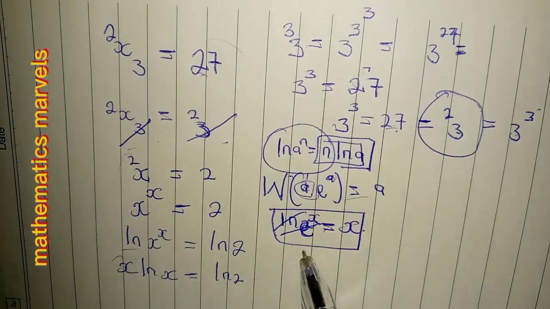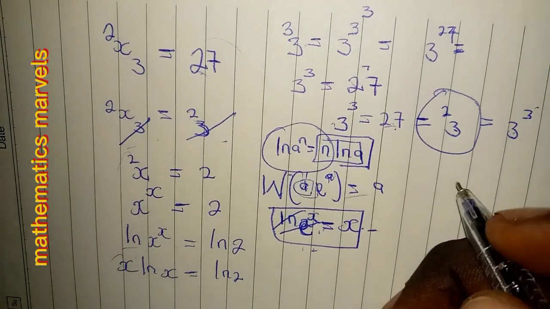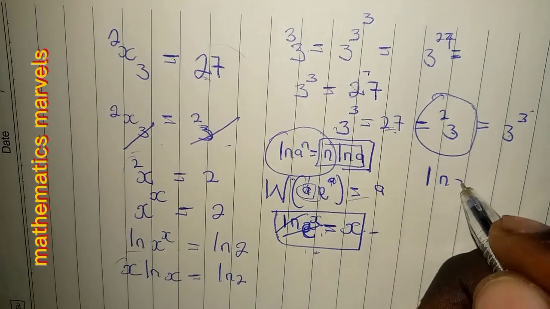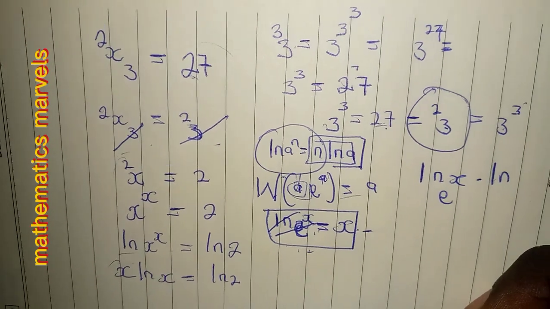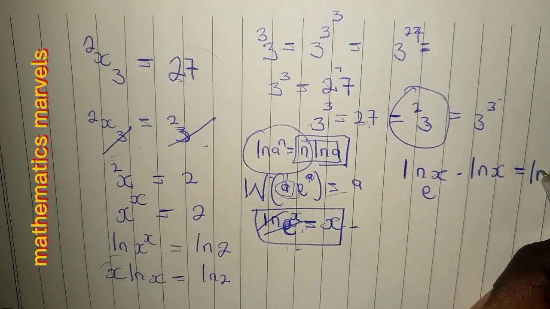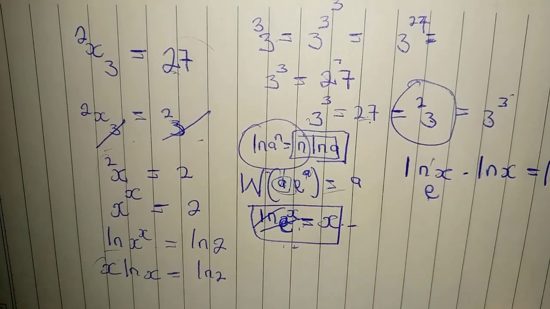We are using all these two properties now. So let's start with this. We have the natural logarithm of x base e times the natural logarithm of x is equal to the natural logarithm of 2, because if you cancel this we are going to get our x back.